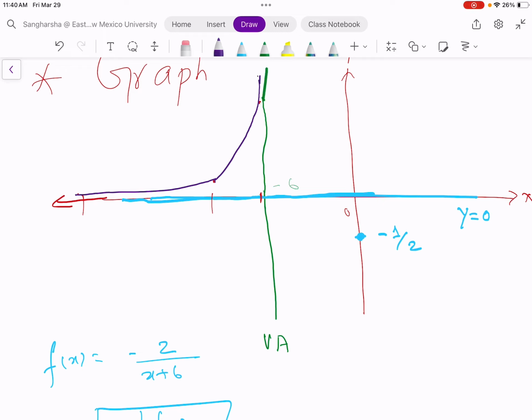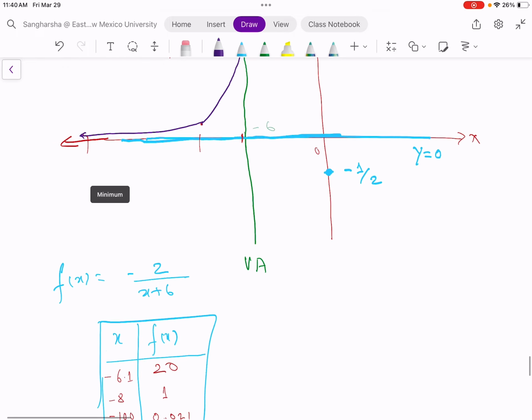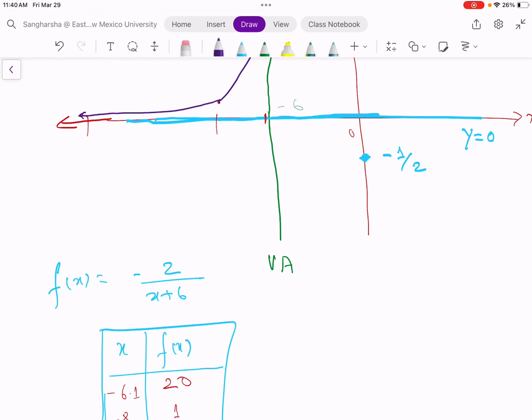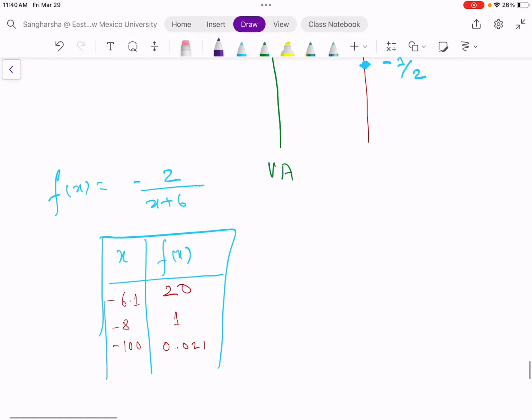So this is the left part. I want you to choose a number very close to the vertical asymptote, a very small number, and one somewhere in the middle. If you have three, that's fine. Now let's do the same thing on the right side.